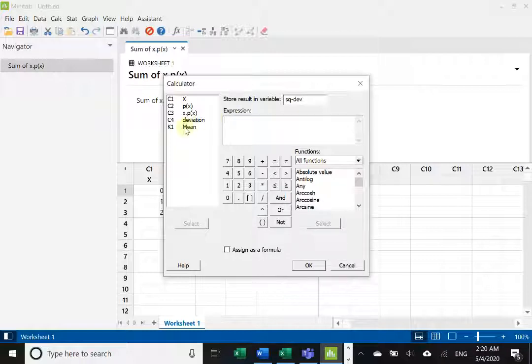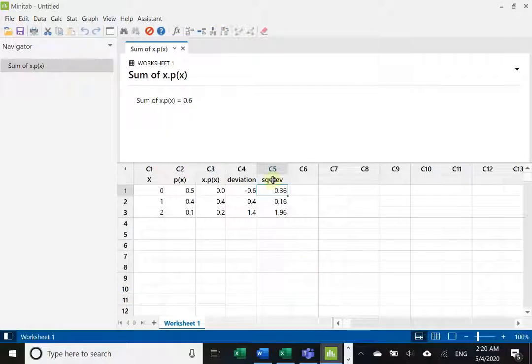And for this one, since we have deviations, there you go, we're going to square them. So shift and 6, that's the hat or the caret sign, that will raise it to a power, and then the second will raise it to the second power. Okay, and there you go. Now you square that, you get these numbers.